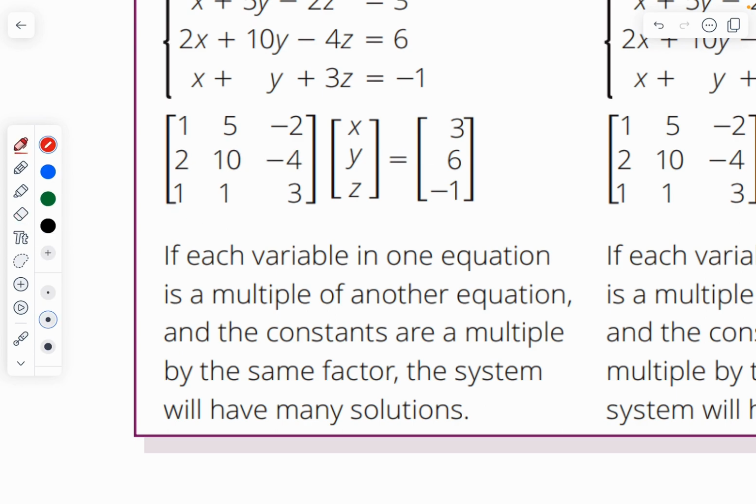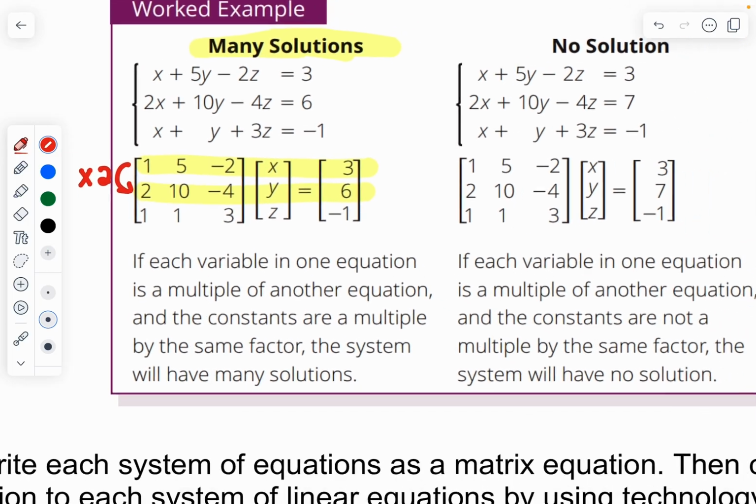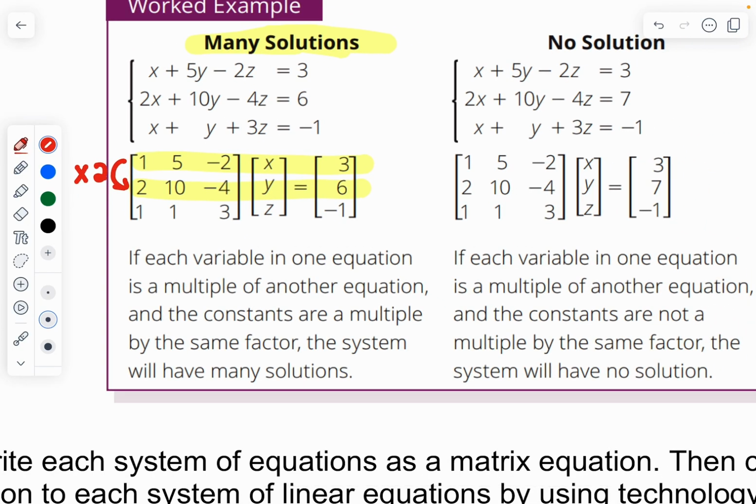Okay. So actually it is this one and this one. So what they did is they multiplied by 2. So 1 times 2 is 2, 5 times 2 is 10, -2 times 2 is -4, and 3 times 2 is 6. That is many solutions.